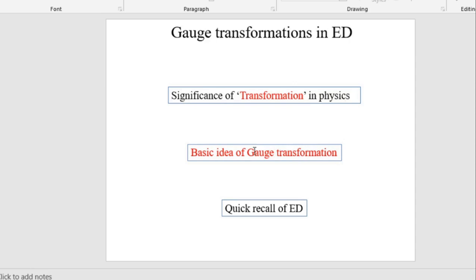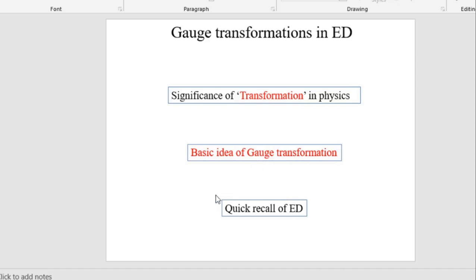And we have also found that these gauge transformations are basically some transformations of the electromagnetic potentials, that means the electric potential and the magnetic vector potential.